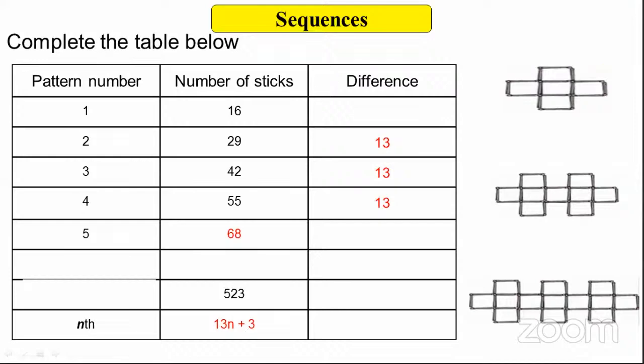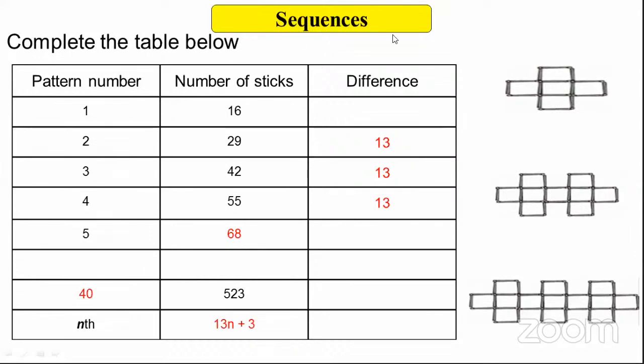We're seeing the response that we want. In order to get that term, we'd equate 523 to 13n plus 3 and solve for n. Solving for n, we will get 40. Great going for all of you who got the response.